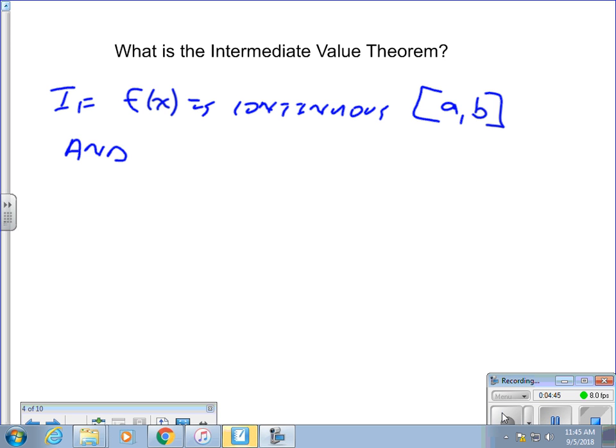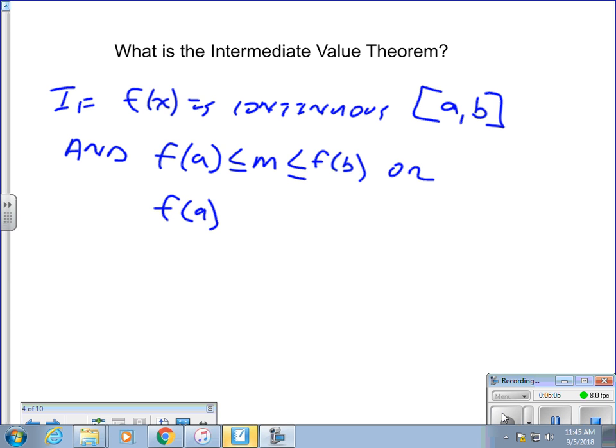And second condition, there is a point m that is greater than or equal to f of a and f of b, or less than f of a and greater than or equal to f of b.